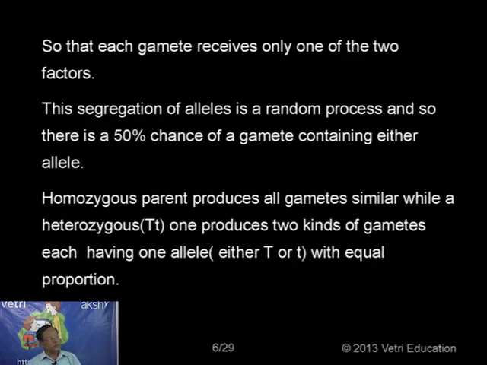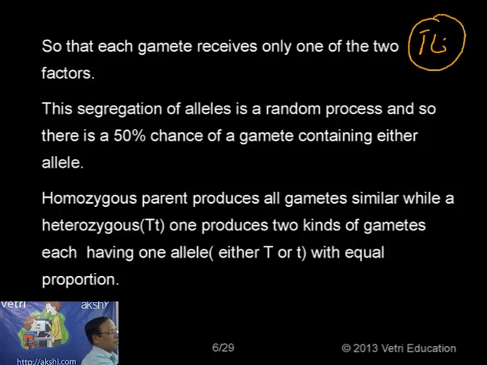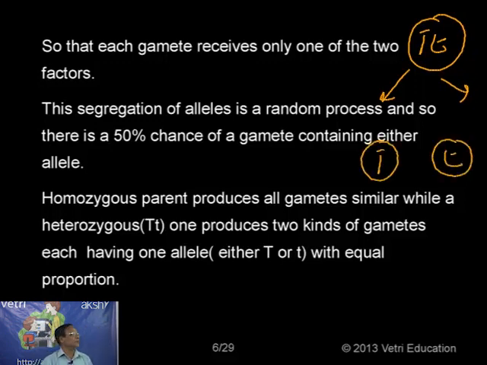So as a result of the segregation I mentioned earlier, this is the F1 hybrid, and this one forms gametes. So we have received two gametes, one with capital T, another one with a small t. Each gamete receives only one of the two factors, either capital T or small t.